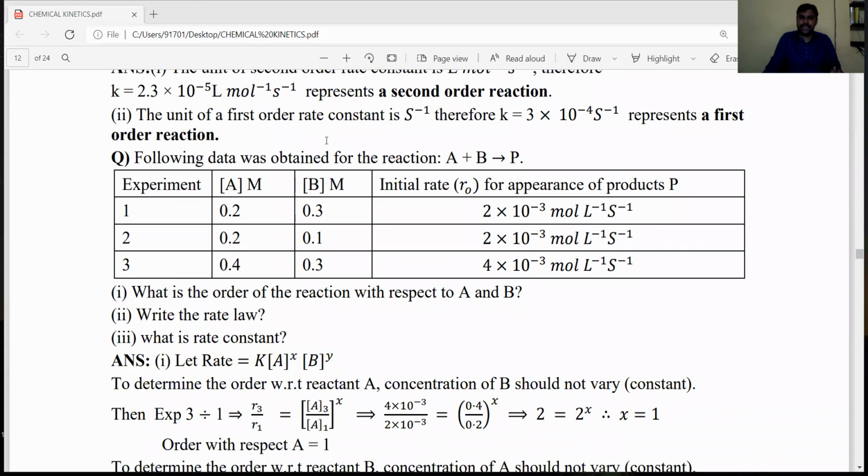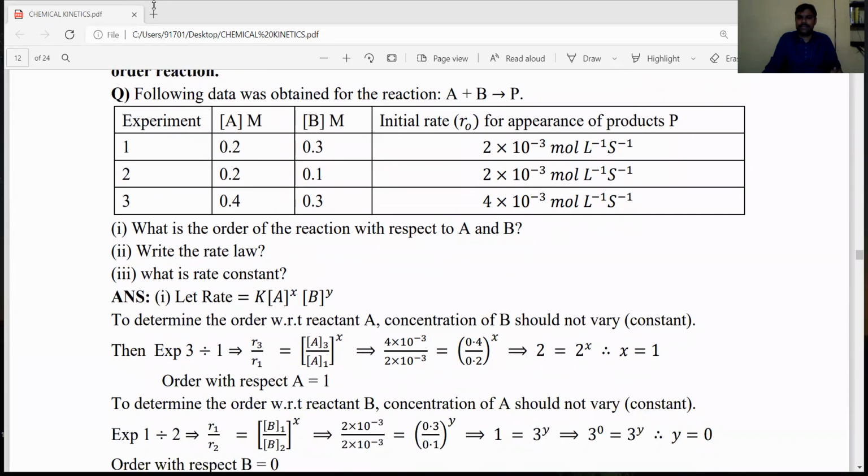In tabular form, they gave one equation: A and B converted into products, and 3 experiments showing how the concentrations of A and B change. They gave the concentration values of A and B, and the rate also. For experiment 1, the rate is R1.